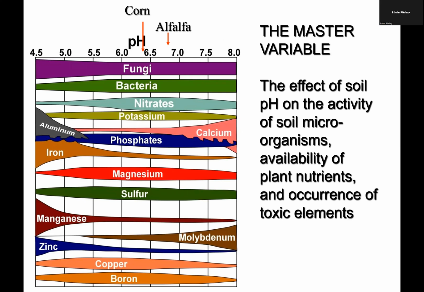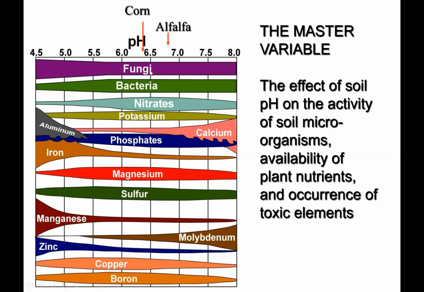This bar diagram kind of shows what our nutrient availability is at different pHs. The University of Kentucky says a pH of 6.4, 6.6, or 6.8, depending on which nutrient or which crop we're talking about. But let's just go with a general 6.5 for sake of argument, because that's pretty good.